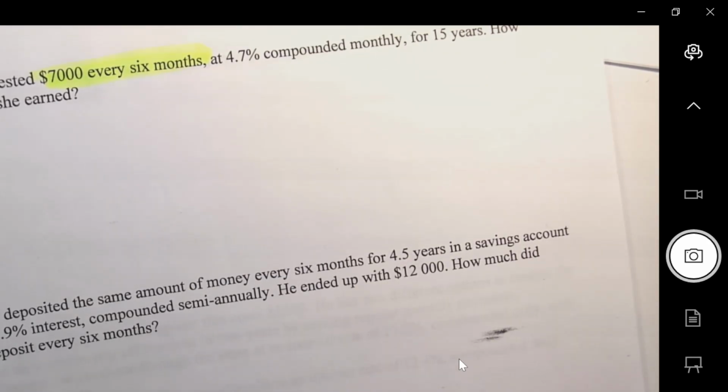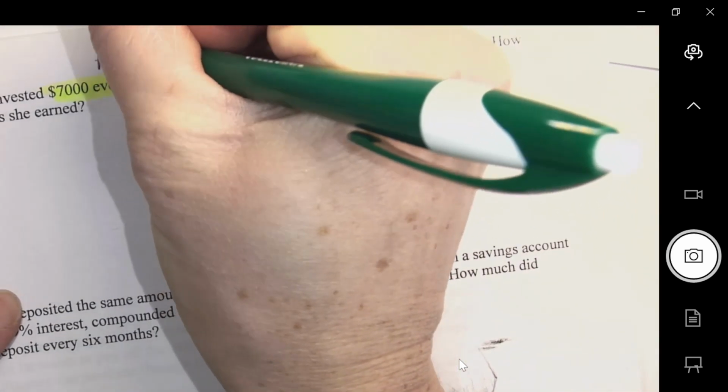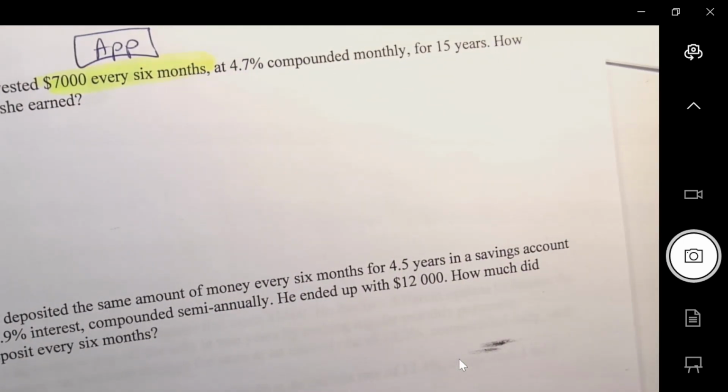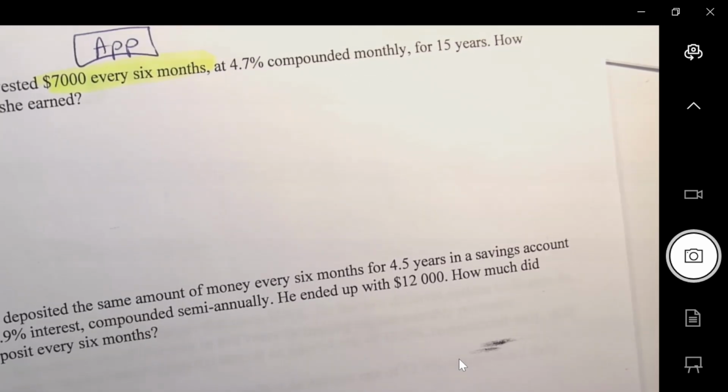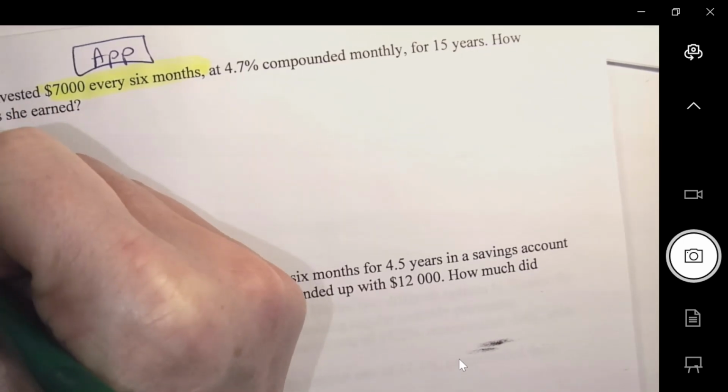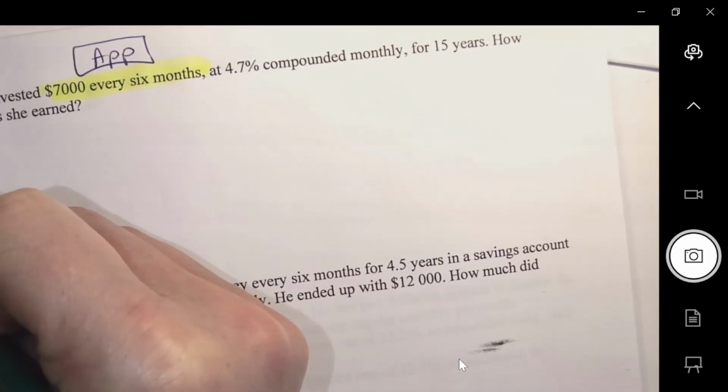Remember, there's always 3 strategies: simple, compound, or the app. We need to do the app, right? Because we're putting money in, recurring money. So as soon as you have money that goes in, we do the app. So I may as well start by writing down all of my app things.